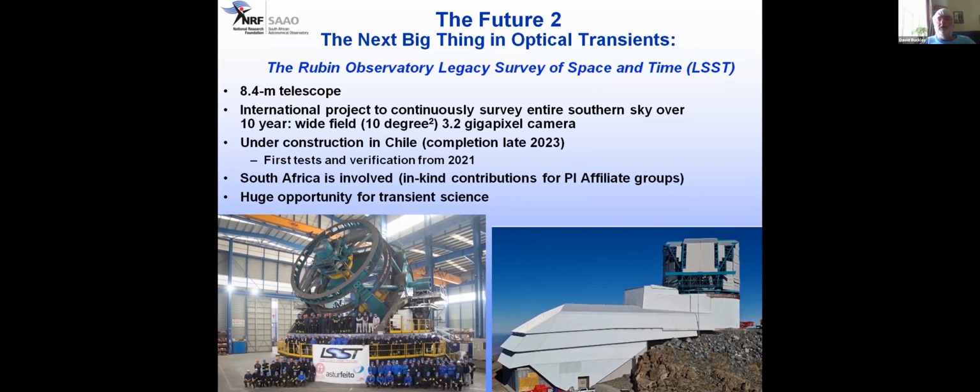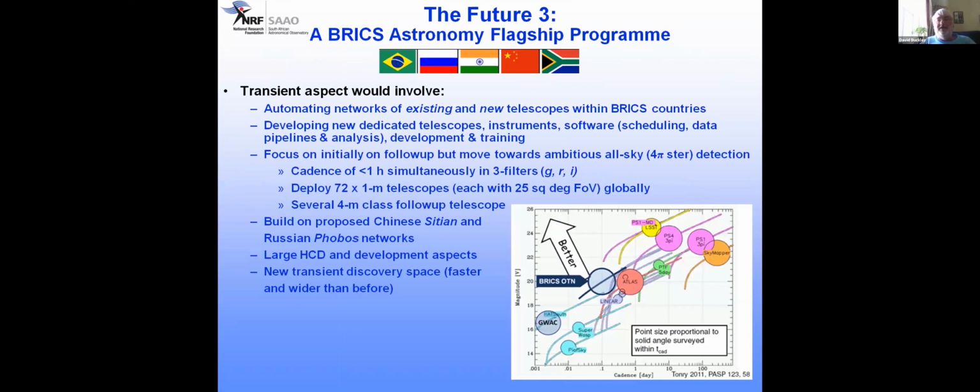And I'm just going to finish with the next big thing, the next future, and that is a project which is just getting off the ground now, after an initial proposal in 2018 and an acceptance in 2019, and working towards a full proposal. This is called the BRICS Intelligent Telescope and Data Network. This project involves 2 things.